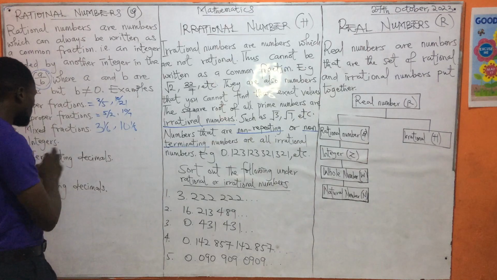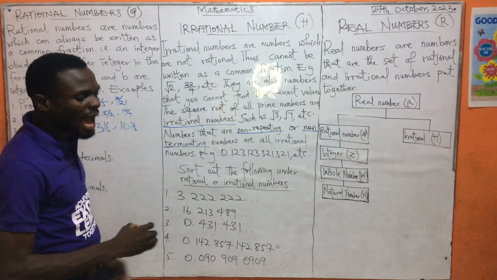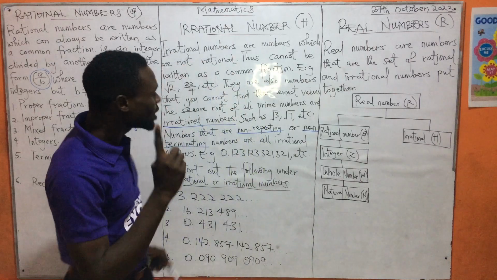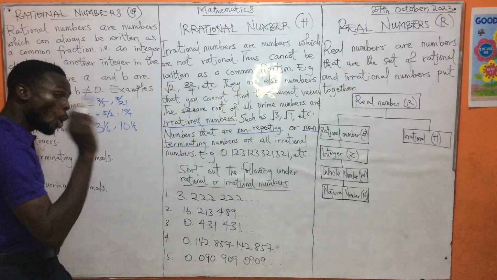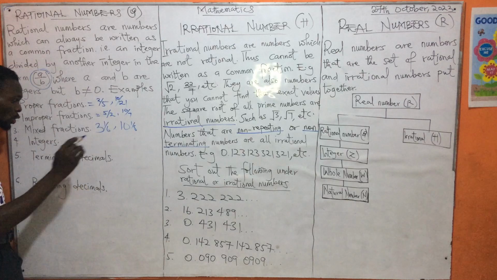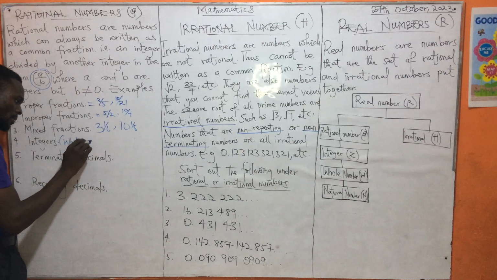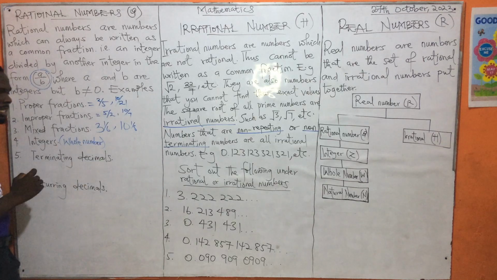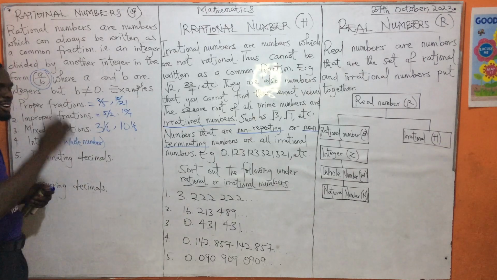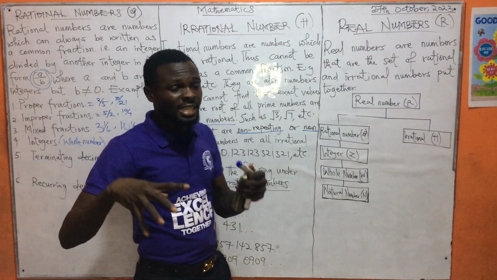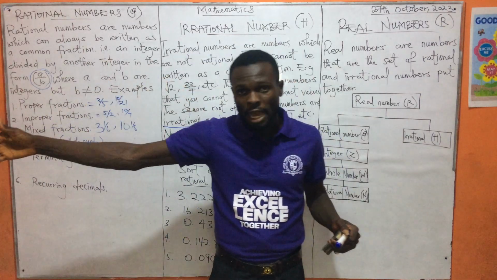Then we have integers. Integers are positive and negative whole numbers. Let's take the key words here, whole numbers. We will make very good use of the words whole numbers. Now all integers happen to be what? Rational numbers. Remember that integers are positive and negative whole numbers.